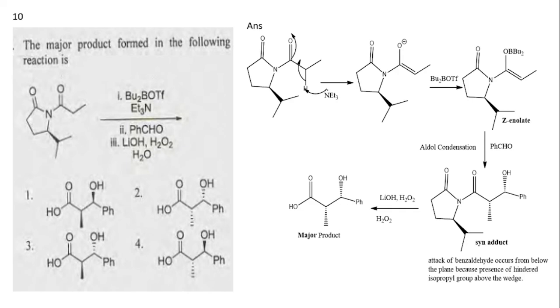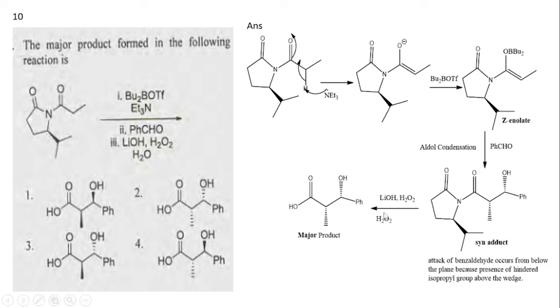Here the addition will take place from below the plane, because of the presence of the hindered isopropyl group here. Here the hindered isopropyl group is above the wedge, so the attack of the benzaldehyde will occur from below the plane.